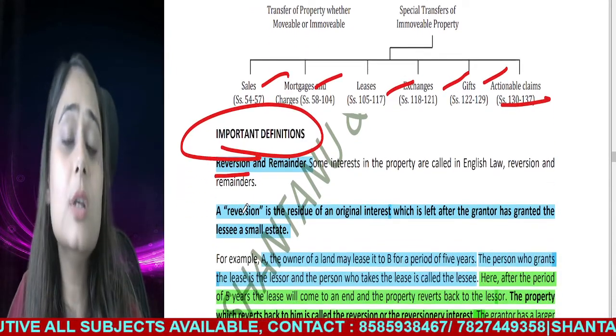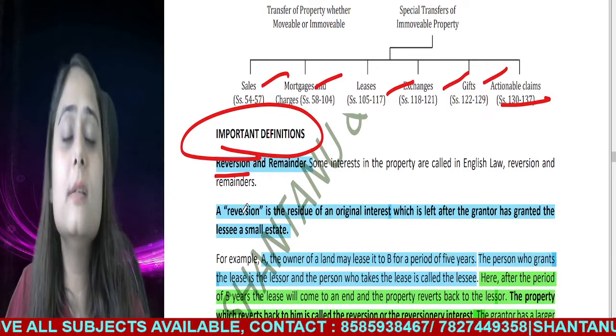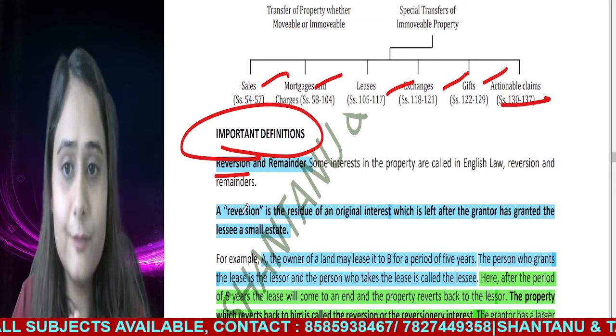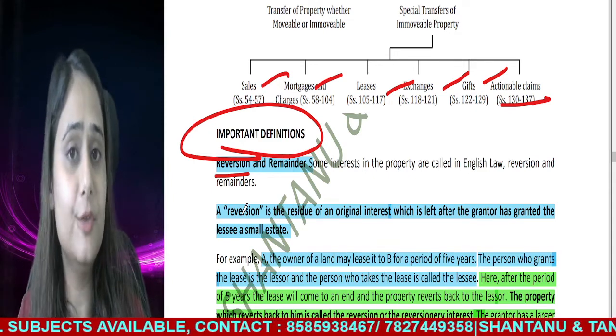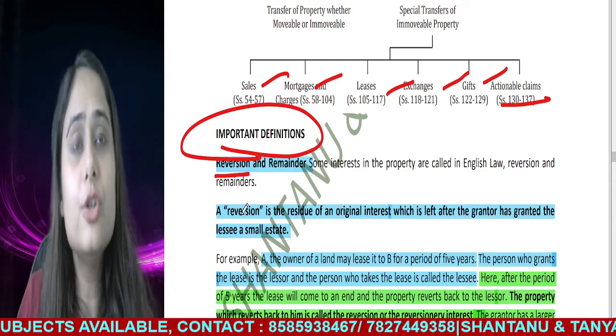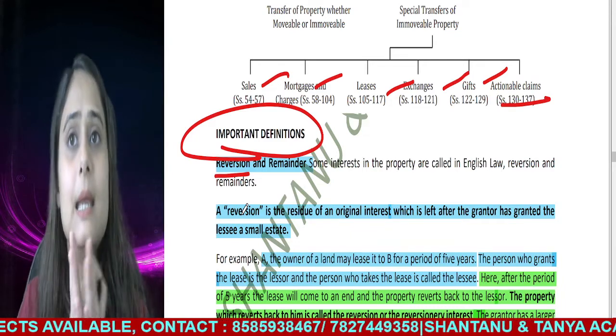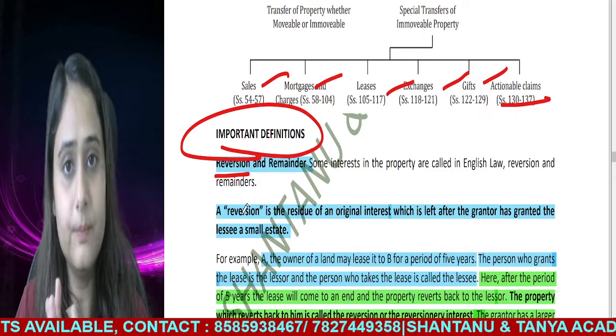Now let's study some important definitions. First is reversion and remainder. Now listen to me very carefully. In very layman language, we will understand what we mean by reversion. Reversion, you can call it, in layman language just for your understanding, a kind of revert, right?